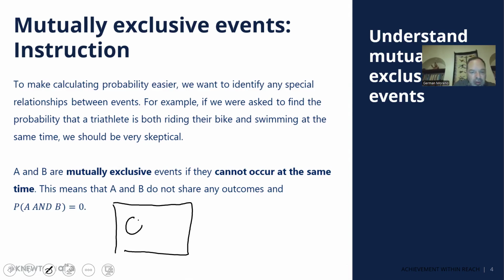We have event A and we have event B. So I'm going to label this A and I'm going to label this B. Those are mutually exclusive events. If you're taking notes, you might want to make that a note.